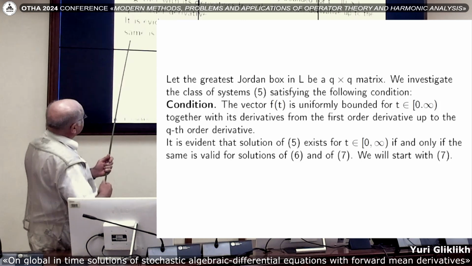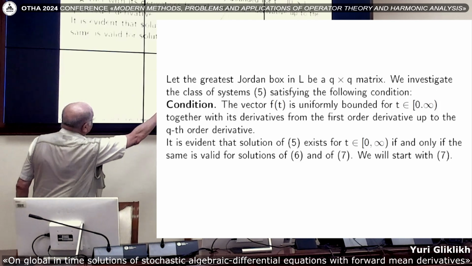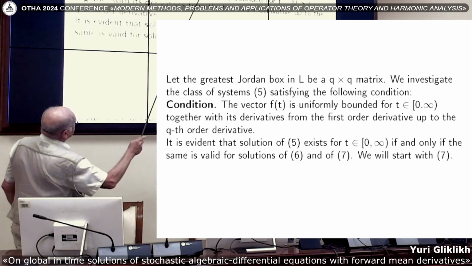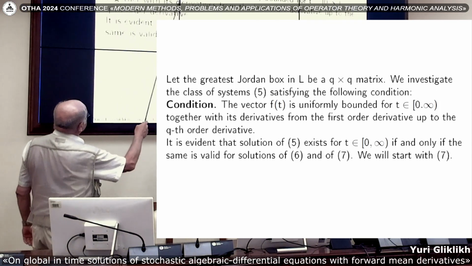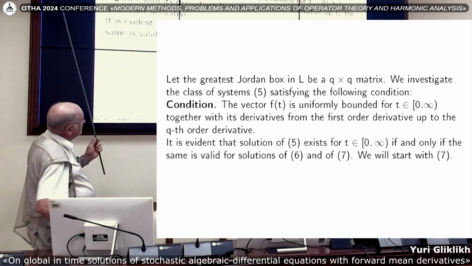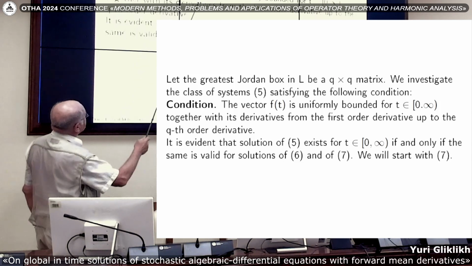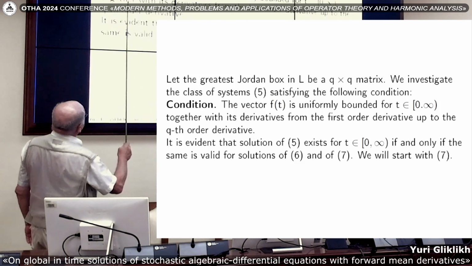Let the greatest Jordan box in L be a Q by Q matrix. We investigate the class of systems 5, for Jordan boxes, satisfying the following condition.